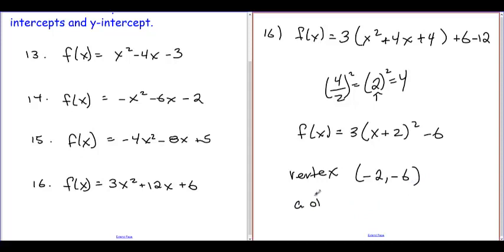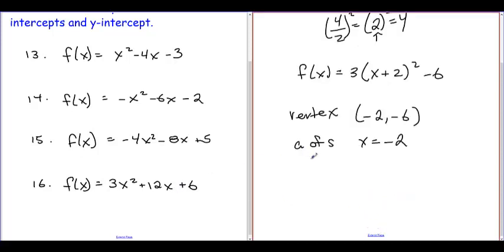Our axis of symmetry is x equals negative 2. Our y-intercept is f of 0. So if you plug 0 in there, you get 6. And that's going to be 0, 6.